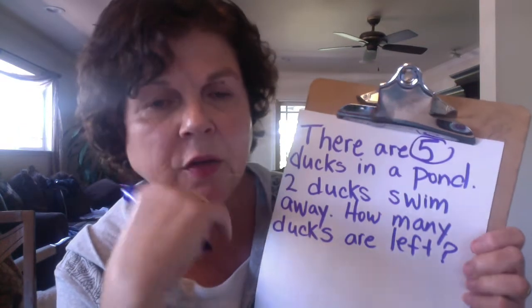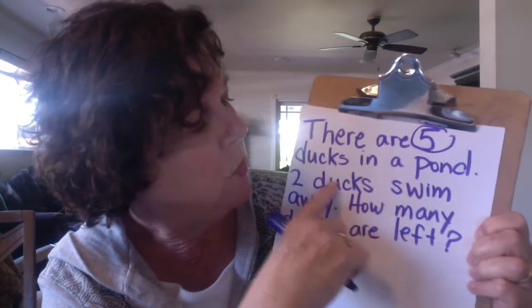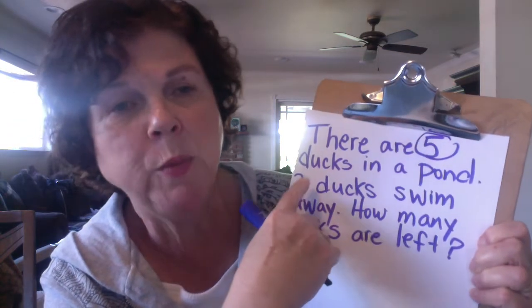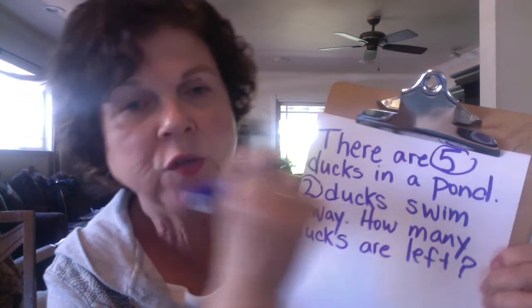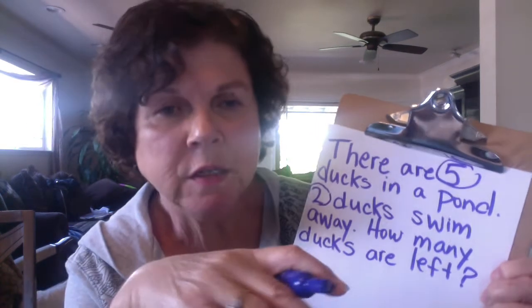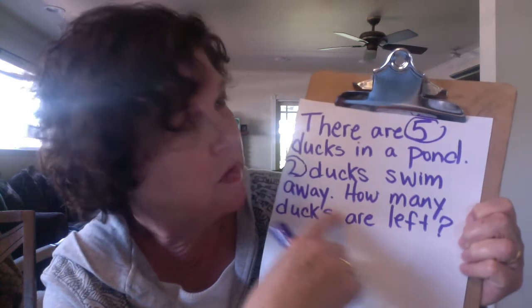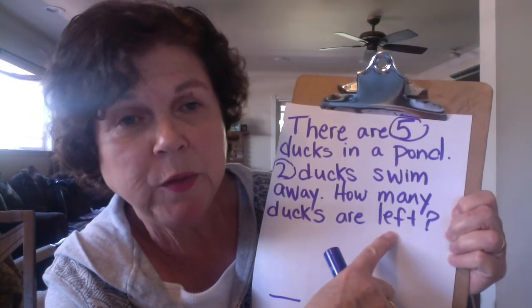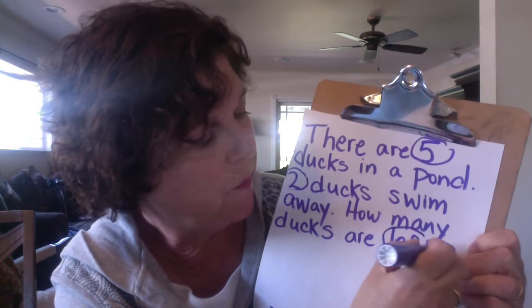Okay, so picture that in your head. There's 5 of them swimming around. Okay, 2 ducks swim away. I hope you said ding, ding, ding for 2. I'm going to circle that. So in picturing that in your head, now all of a sudden 2 of them go off somewhere else. How many ducks are left? I hope you said ding, ding, ding for the word left. I am going to circle that.